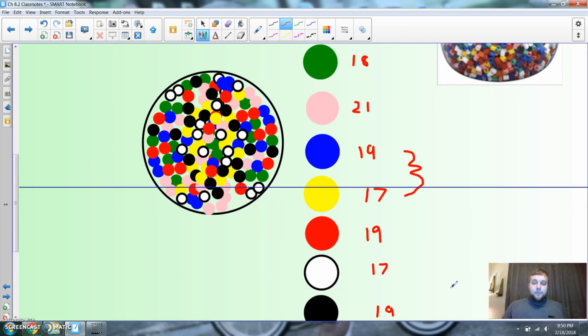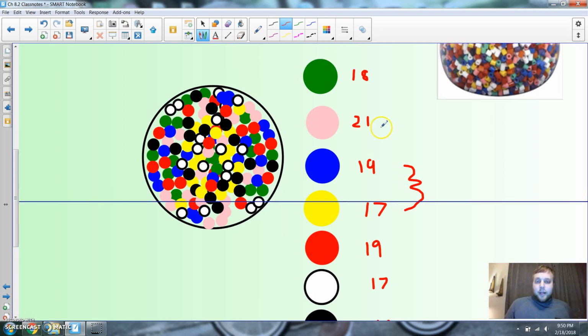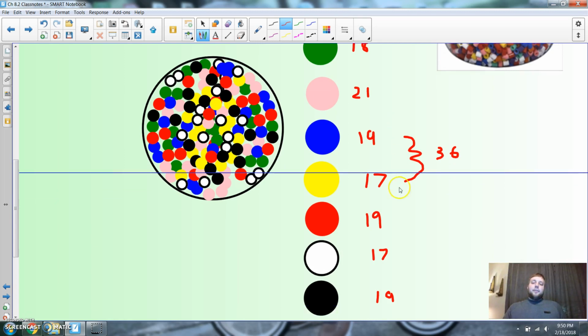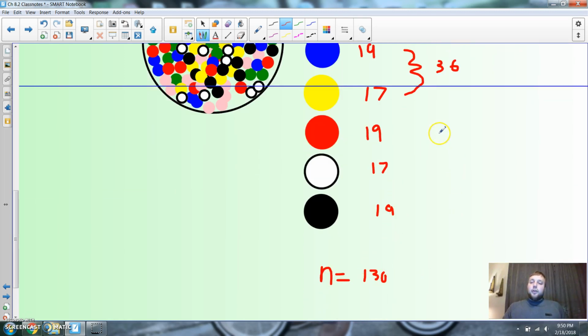We're back. All right, so I counted through all the colors because I figured I need a total sample. I figured out I have 19 blue, 17 yellow. That's a total of 36 blue and gold. Cool. Now, after I total all of them up, I see there's 130.